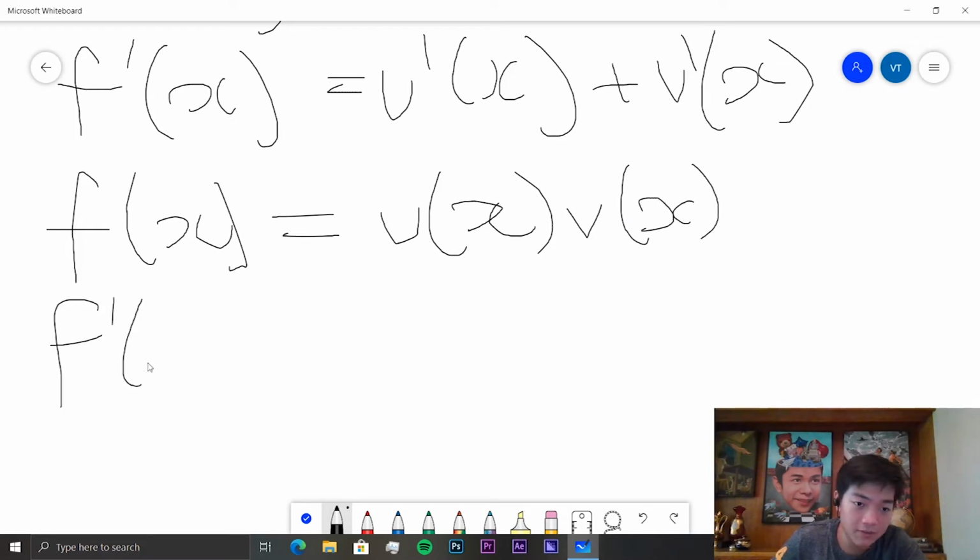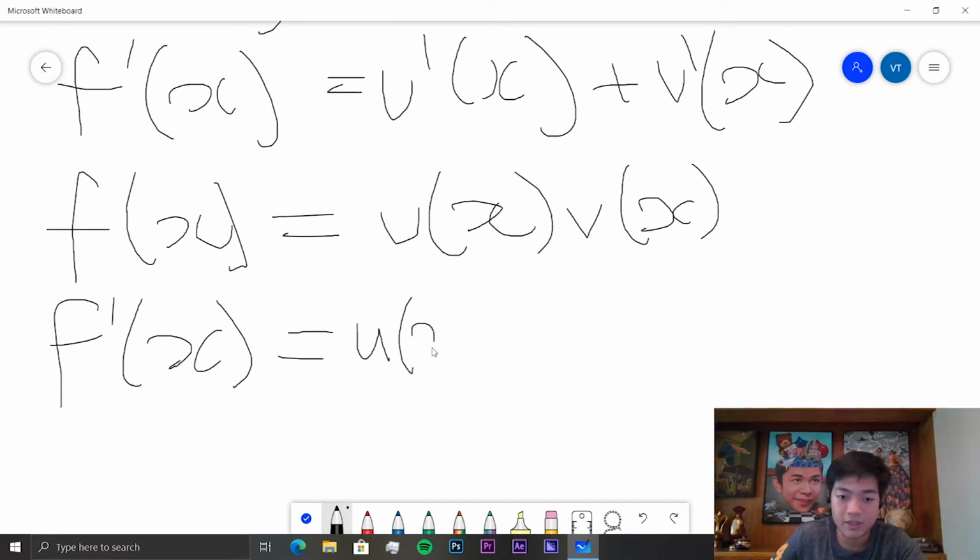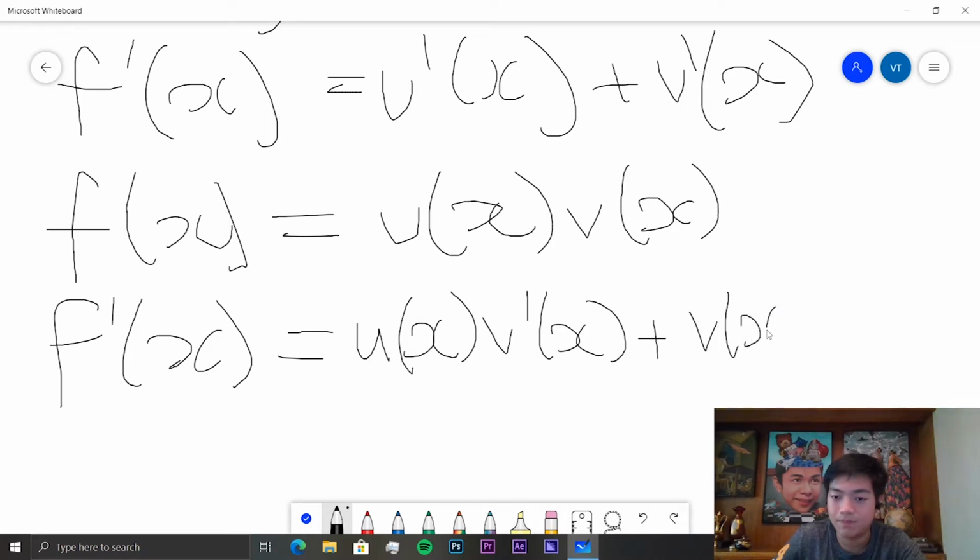The derivative of the original function is then equal to u times v prime, so one of the original subfunctions times the derivative of the other, plus the other way around as well. This is an important rule to remember.